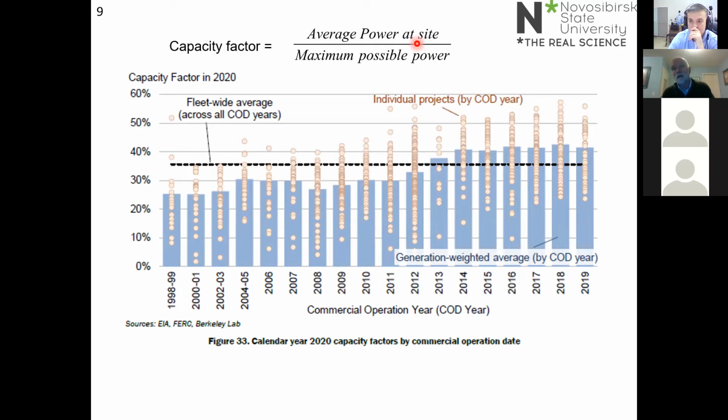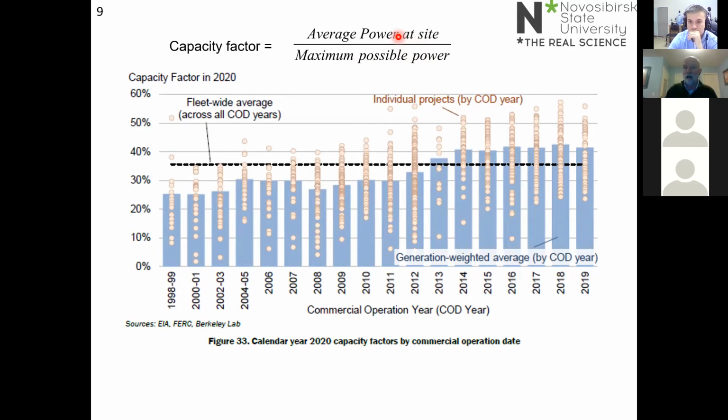A lot of what we're going to do in this course is look at how capacity factors are calculated. What's interesting about the capacity factor from the technical perspective is that it's a combination of the way in which the technology performs with the specific conditions at the site.